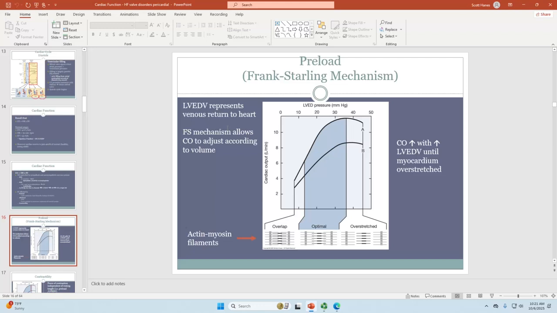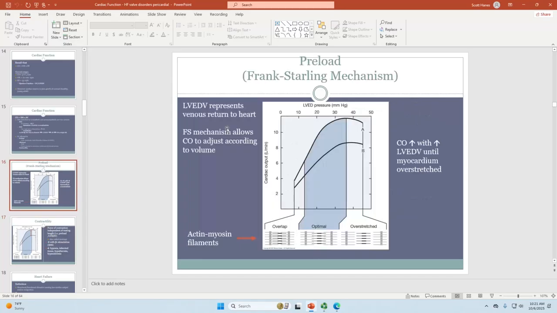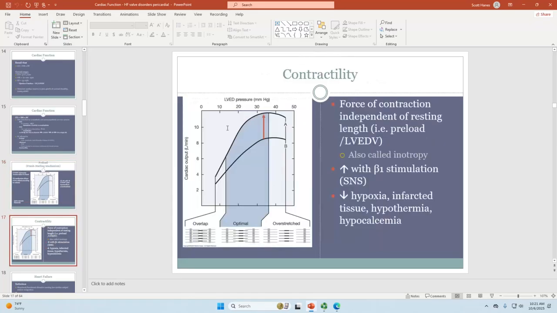Okay. Feel free to raise your hand if we need to. Same graph, but a different concept, if you will. So this is contractility rather than preload. In preload, we're worried about moving from right to left on this graph according to changes in pressure. For contractility, it's really a vertical move.